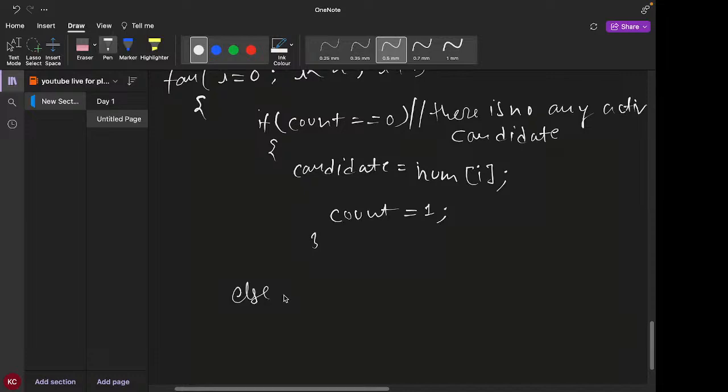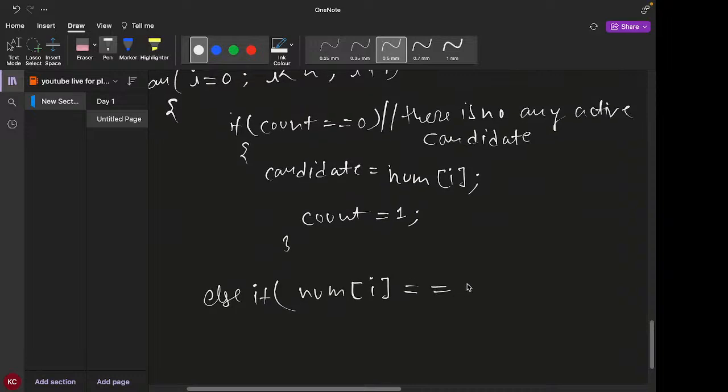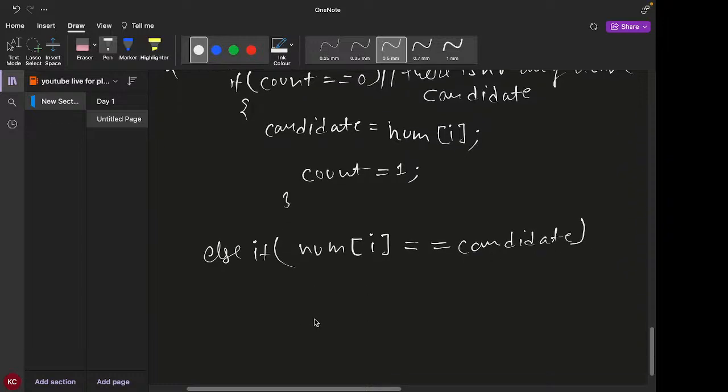Else if the nums[i], if someone votes for the same candidate, then his vote will increase.